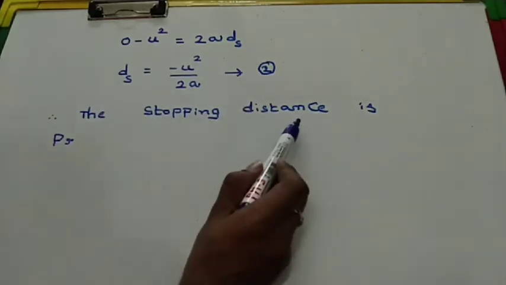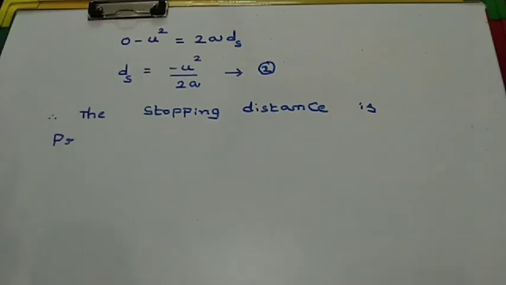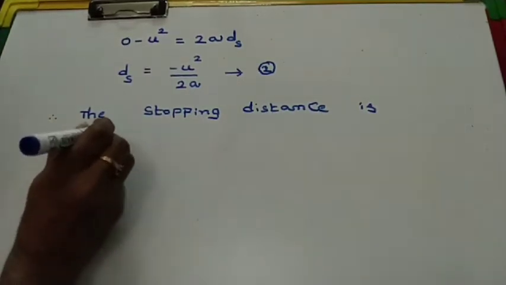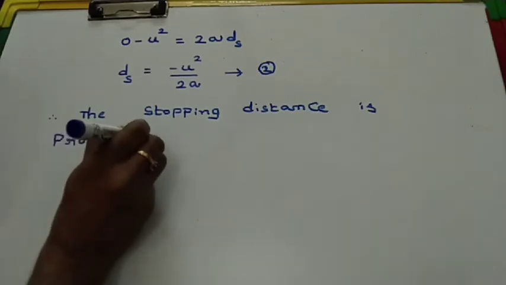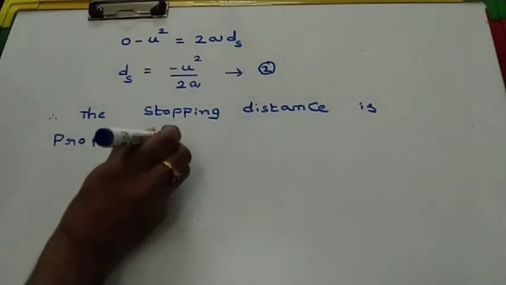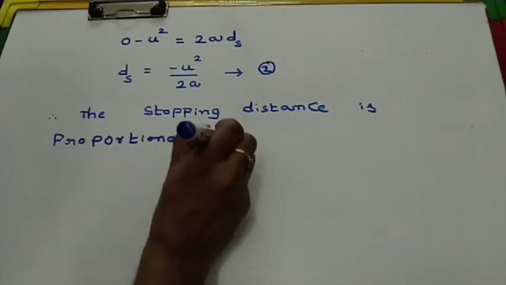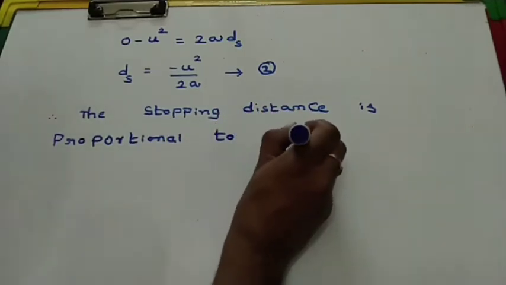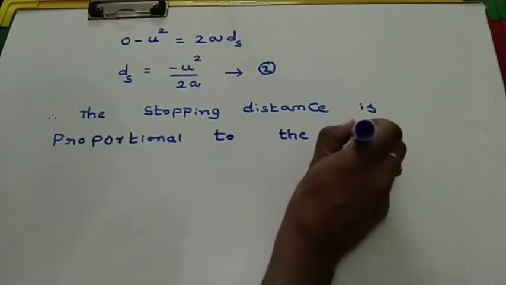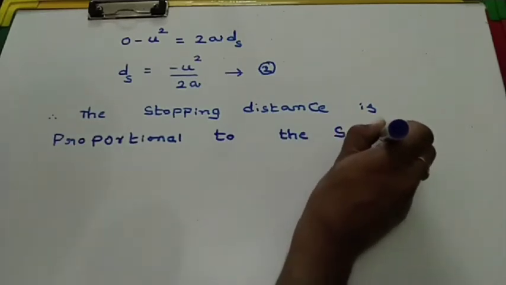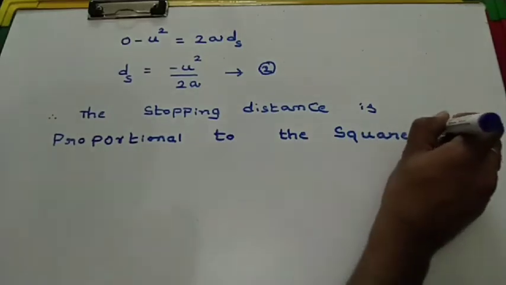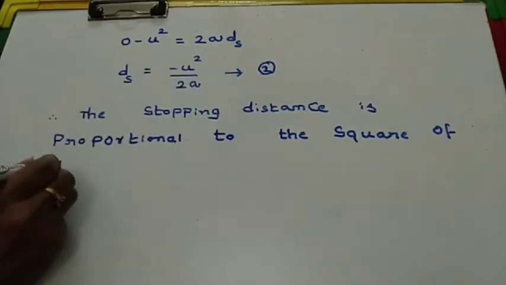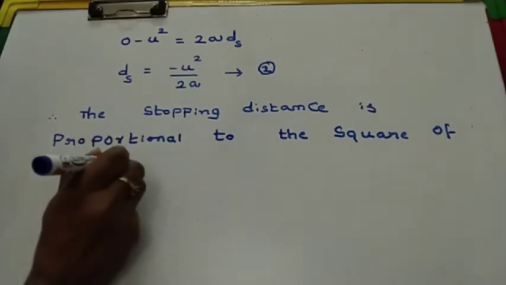Therefore, the stopping distance is proportional to the square of the initial velocity.